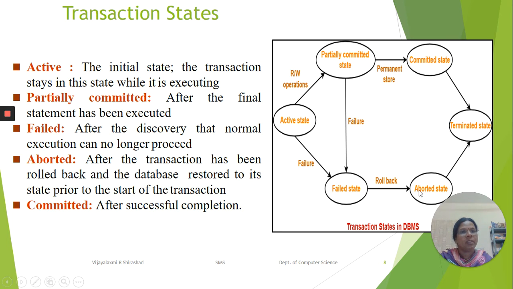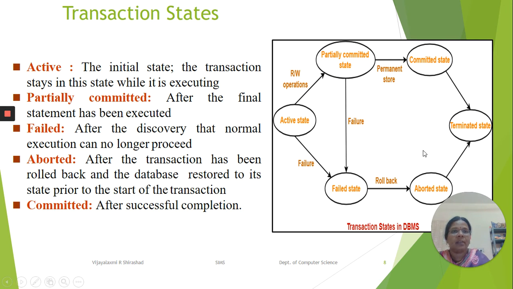We can abort the execution, that is, terminate the execution of the active transaction. It can be rolled back and undo or redo can be performed, and finally we reach the terminated state, where the transaction could not complete its task.